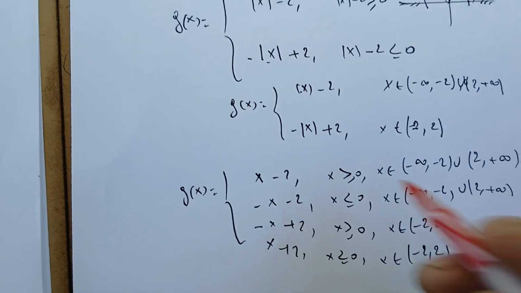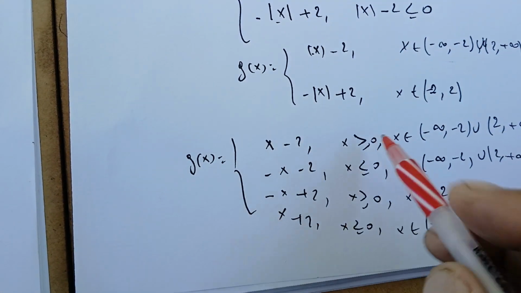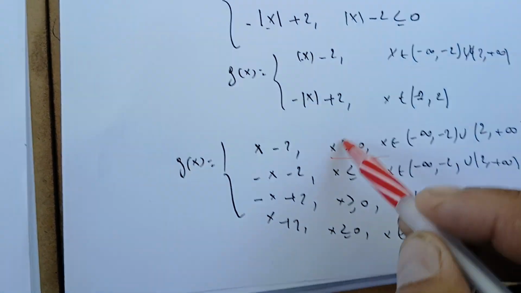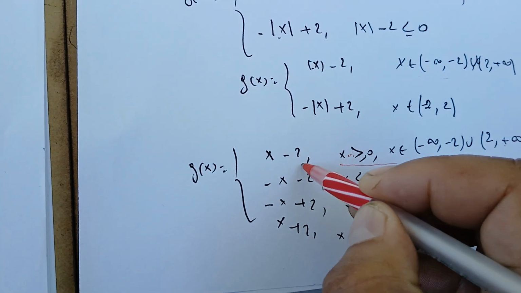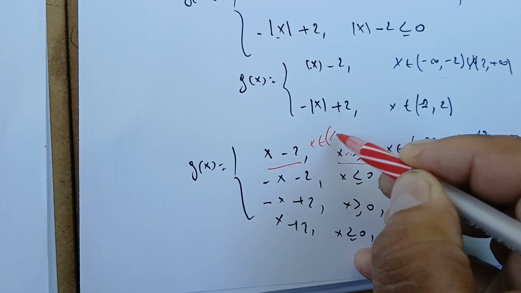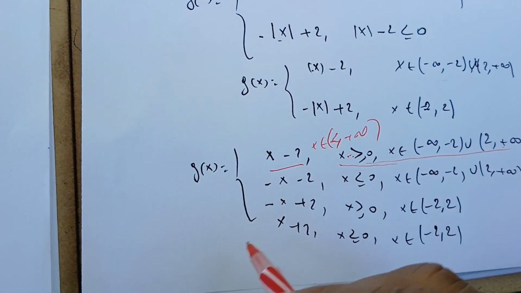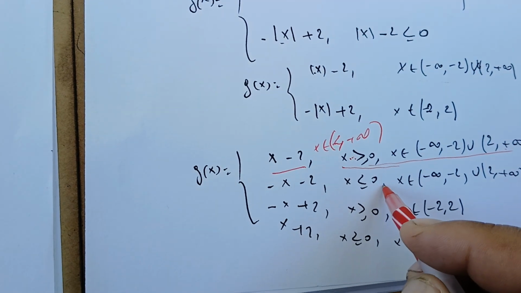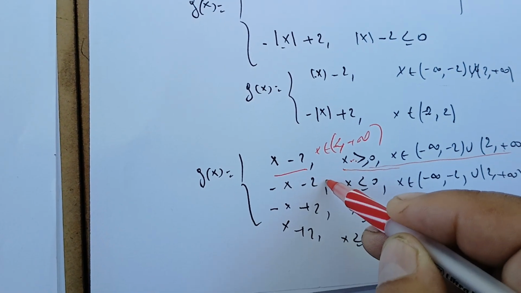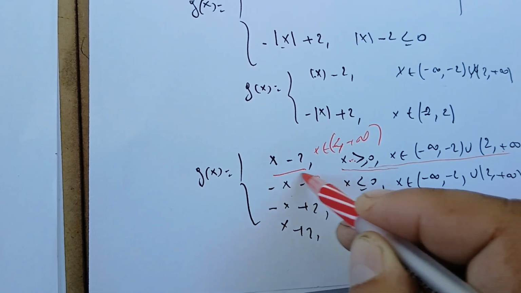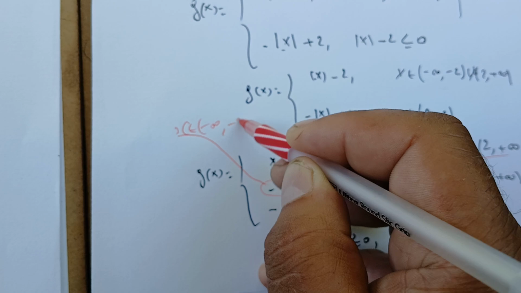Okay, this one will give me some simplifications. So here, x is positive and x in here. That means x is in 2, plus infinity. Just intersect these two intervals. In here, for this part, x is in minus infinity, minus 2.